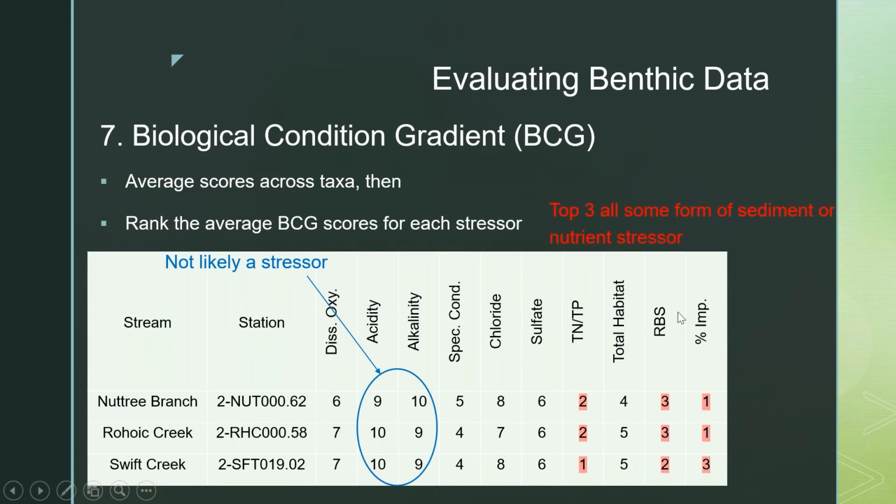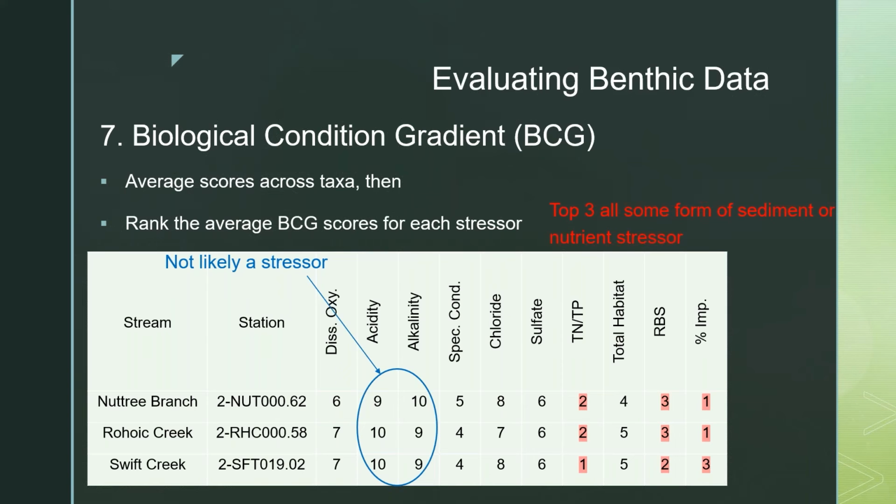That's what was done here. Once we had that average score data, we ranked them from lowest to highest average score, and what you see in this table are those ranks. Numbers 1, 2, and 3 were the top stressors that had the highest average biological condition gradient scores across all taxa at that station.